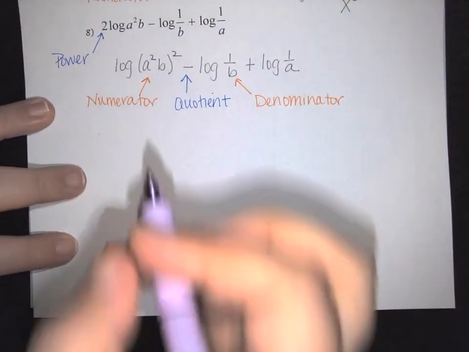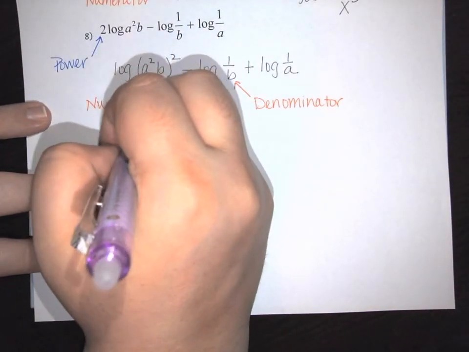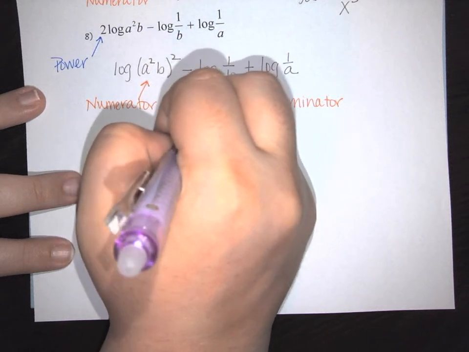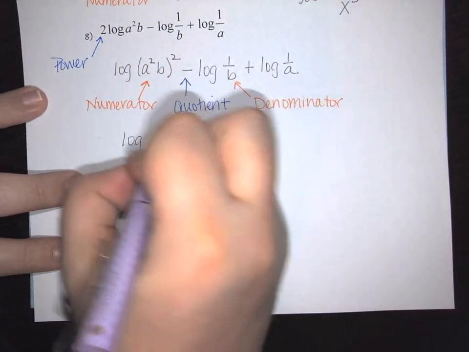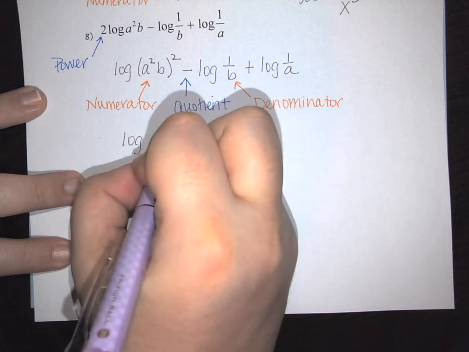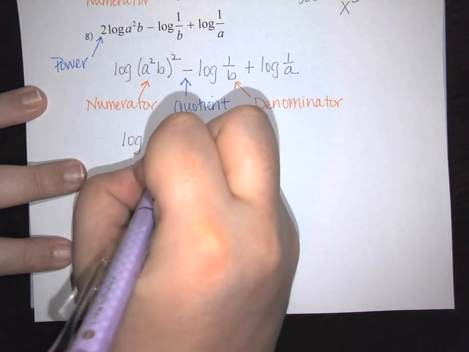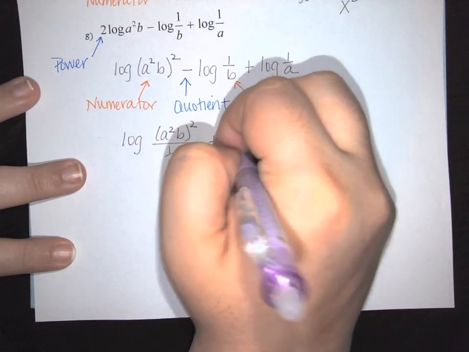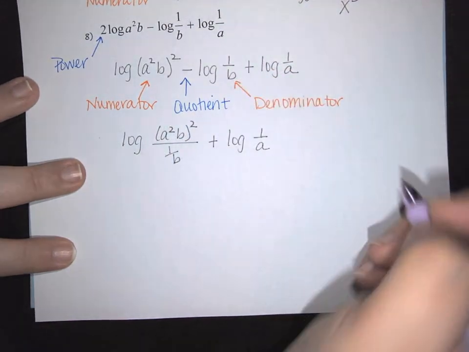So the way that's going to change is we're now going to have the log of a squared b, that whole thing is squared, all over 1 over b, and we are going to add this to the log of 1 over a.